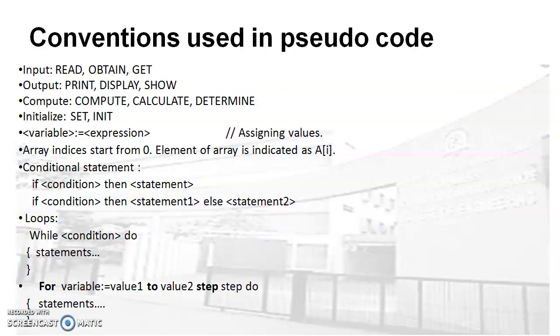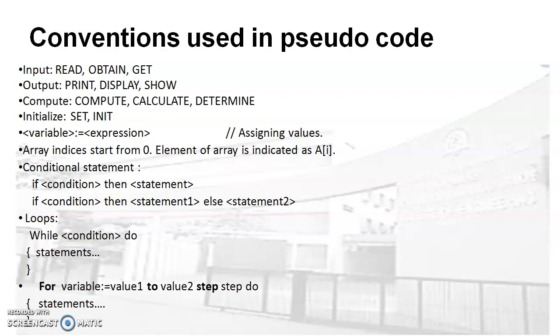Generally, the pseudocode uses keywords like read, obtain, get to indicate the input to the code. It also uses keywords like print, display, show to indicate the output of your pseudocode. For performing computations, words like compute, calculate, and determine are used. For initialization, words like set and init are used.